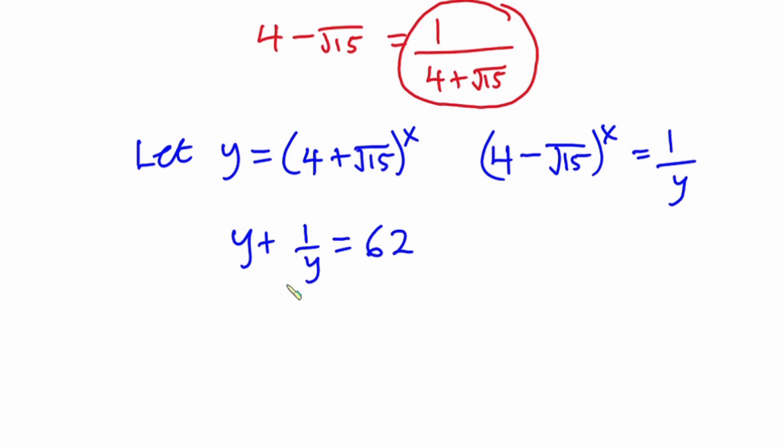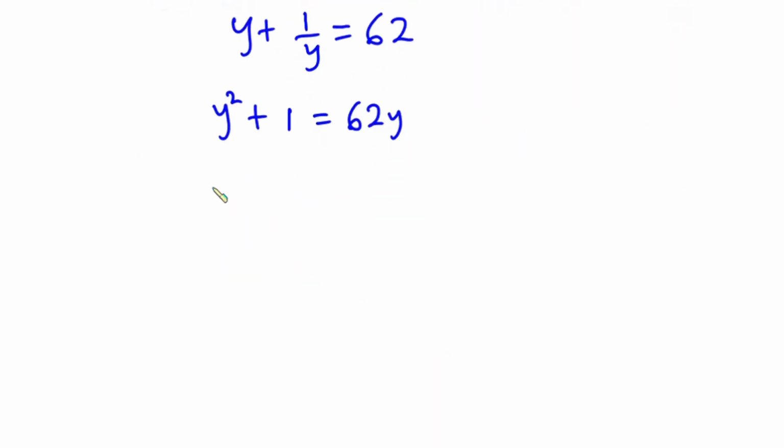Now let's multiply through by y. So we have y² + 1 = 62y. Let's equate everything to 0. So we have y² − 62y + 1 = 0.